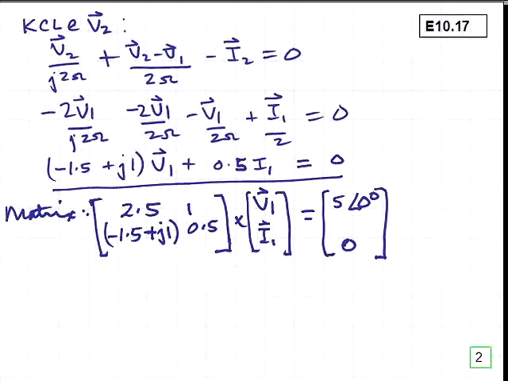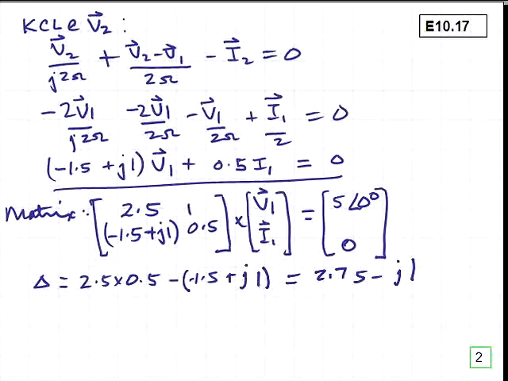The determinant of the admittance matrix is, or in the polar form, the determinant delta is equal to 2.926 at an angle of minus 19.98 degrees.